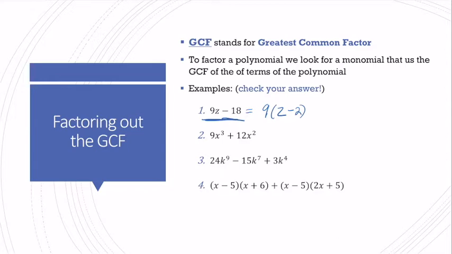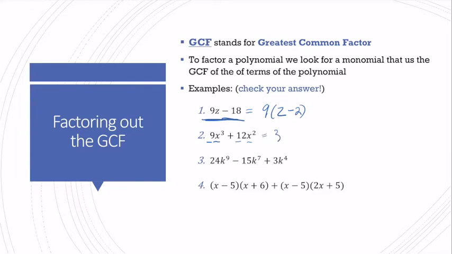In this second example, I've got 9x cubed plus 12x squared. So I look for the greatest common factor between 9 and 12, and the greatest common factor between x cubed and x squared. The greatest common factor between 9 and 12 is going to be a 3, so we can pull out a factor of 3.